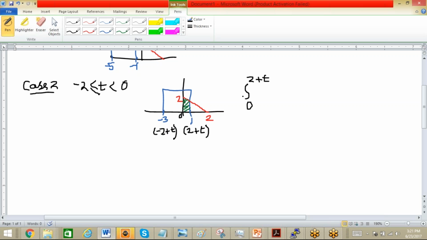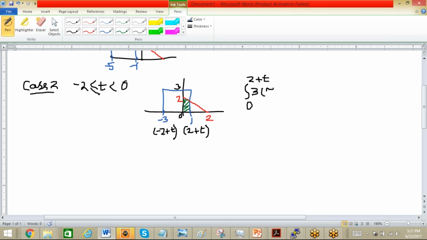Then this one will be equal to 3, you know very well. This will be a constant during this range, 3 into, what is the function? This particular function is minus tau plus t, or t plus 2.